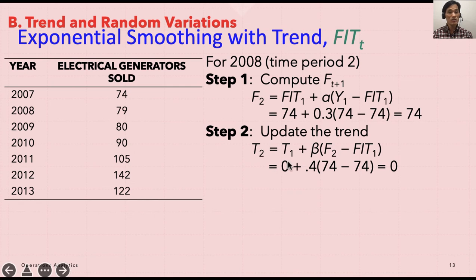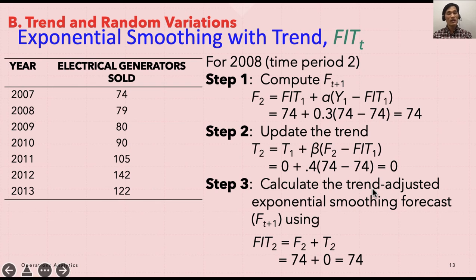Then T2 equals T1. T1 is 0 because we don't know at this point. That's why we put 0. Plus 0.4 times 74, F2, which we calculated to be 74, minus FIT1, which we chose as 74. Because it's a beginning point, we have a slightly odd result here.